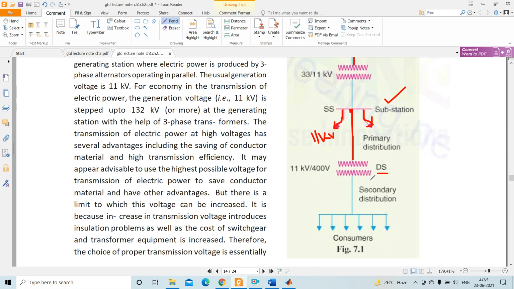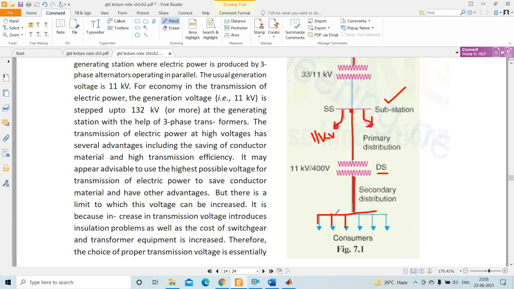So at the distribution substation, 11 kV voltage is stepped down to 400 volt, and from this distribution substation it is distributed through the secondary distribution line up to the customer. These are the different consumer lines.